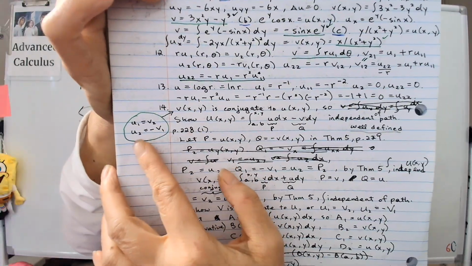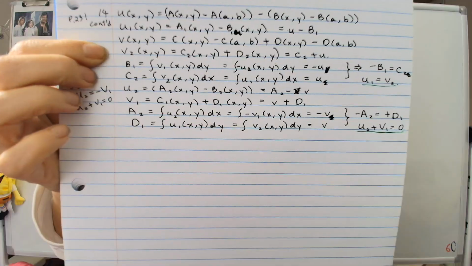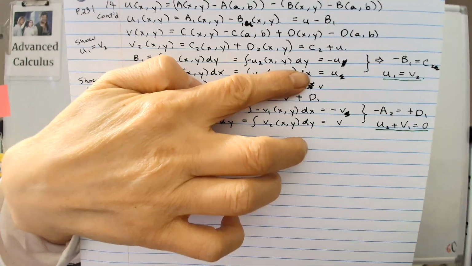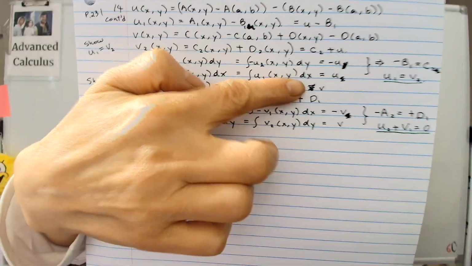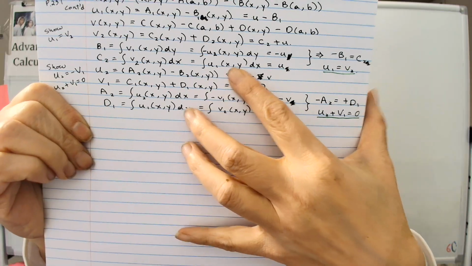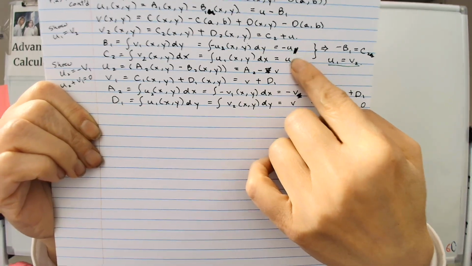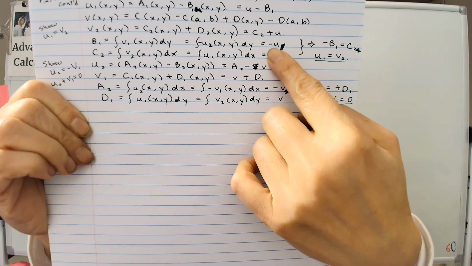So we plug that in, and now we're integrating u2 with respect to y. That cancels out by the fundamental theorem, and as a result we have just minus u here.